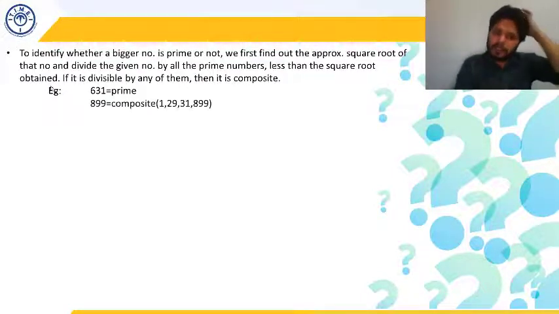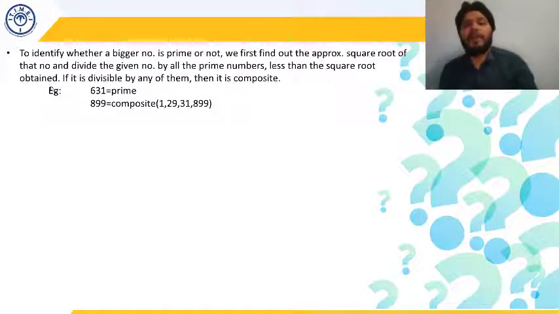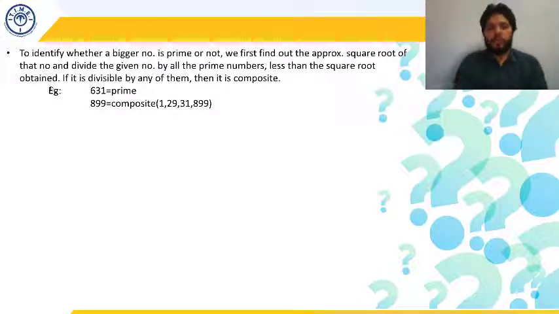So let's take another example, 899. What is the approximate square root of 899? It is close to 900. And what is the square root of 900? It is 30. So the square root of 899 has to be 29 point something. So we have to divide 899 by all the prime numbers less than 29 point something.